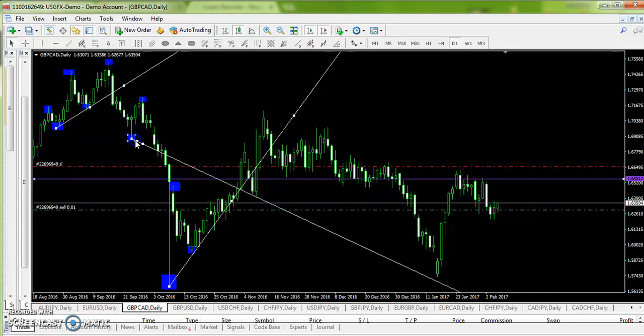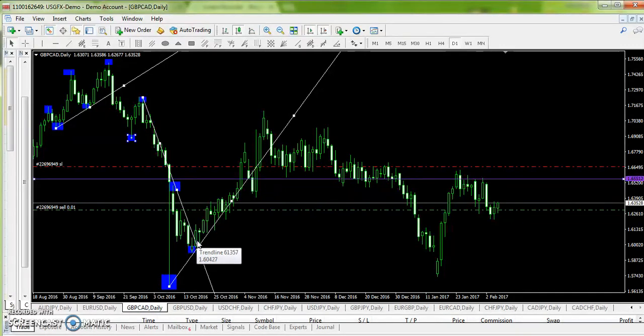I need to touch this trend line at the higher points. When I touch the higher point, the trend line angle should be down. As you can see, on this particular point, the downward trend line has broken. So I would place my buying order and exit from the sell order.